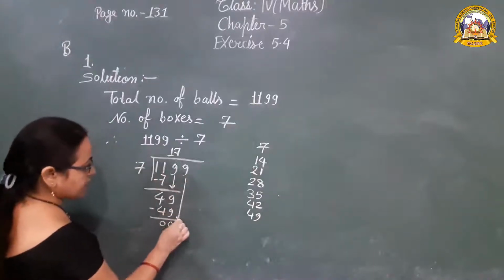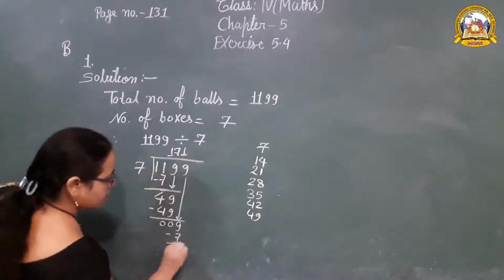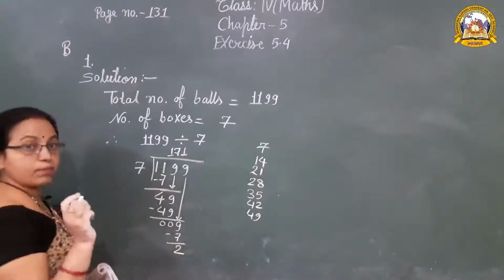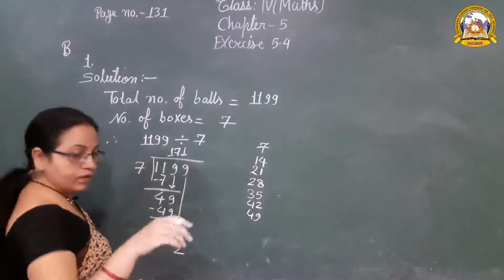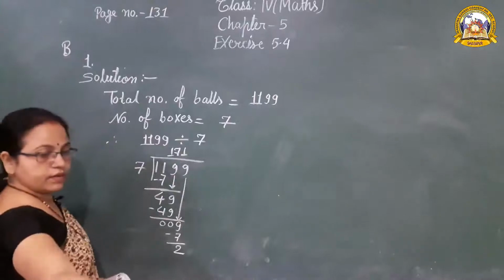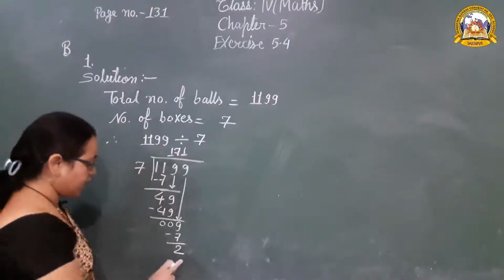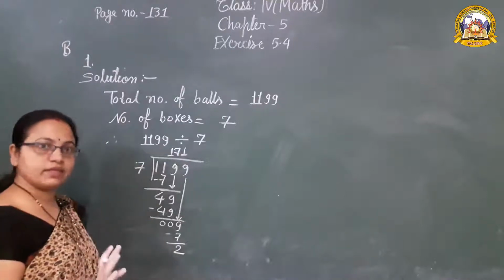Bring down the next digit, that is 9. 7 ones are 7. So remainder 2. Okay. Yes, division is done. So 171 is the quotient and 2 is the remainder.